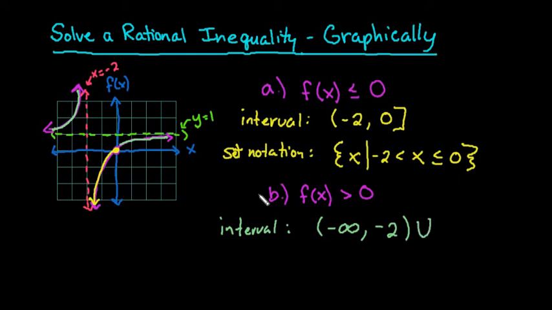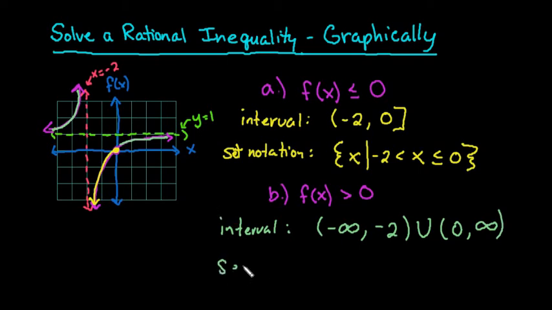And then again, we would have a positive output starting at 0, but not including it because we want it to be greater than 0, not equal to 0. And that would continue. Remember, we're talking about our x values, so it continues forever and ever. Even though it gets closer and closer to this, we're looking for the x values that make it positive, so it would go to positive infinity.